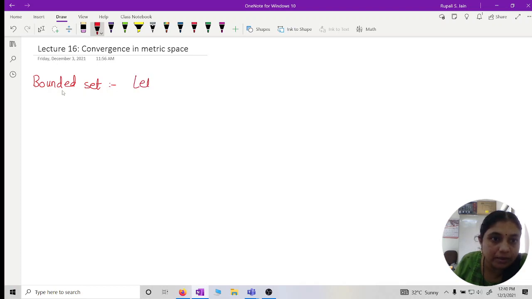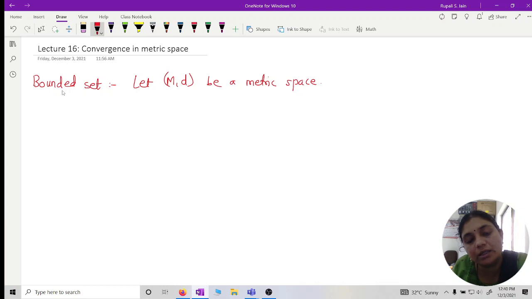So let (M, d) be a metric space. What is a bounded set in the real line?